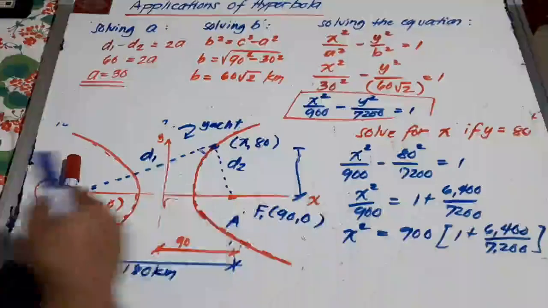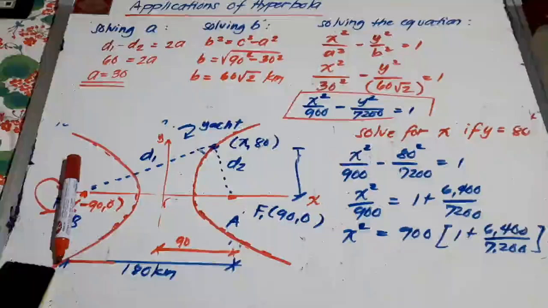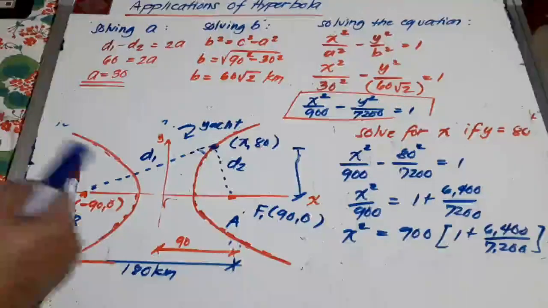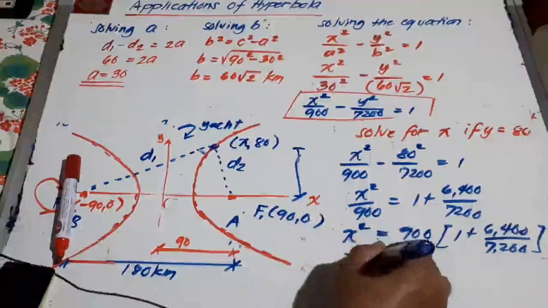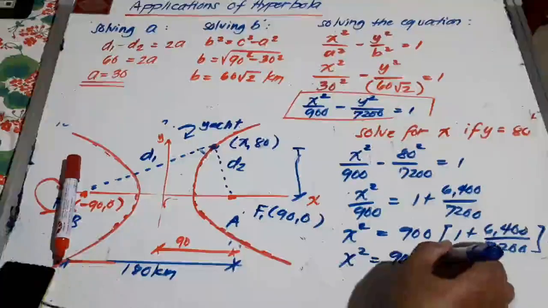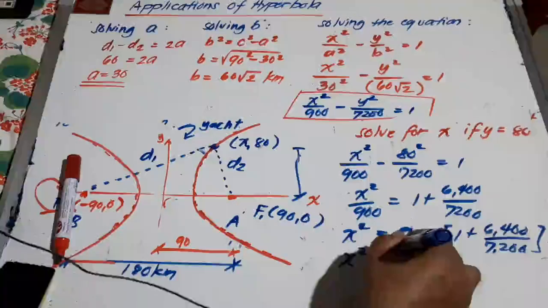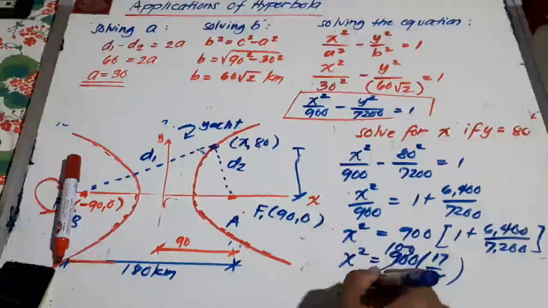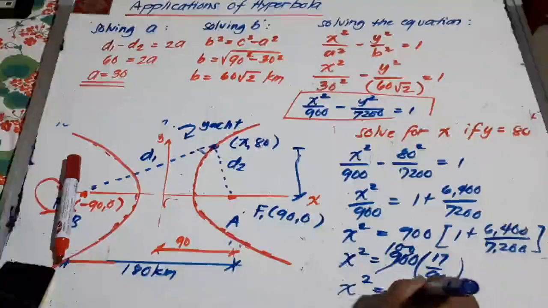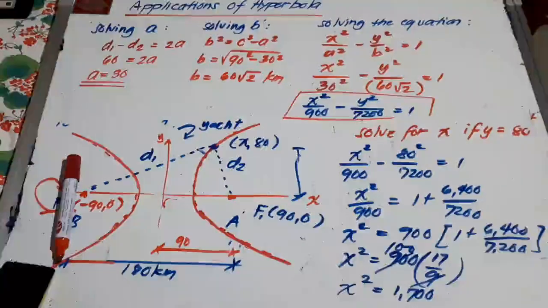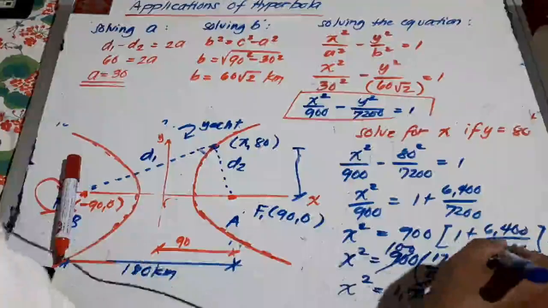Pagsamahin ko muna to. That is 1 plus 6,400 over 7,200, 17 over 9. So this is x squared equals 900 times 17 over 9. So pwede ko itong makancel. May matitira ditong 100, so x squared equals 1,700. Then we get the square root on both sides of the equation.